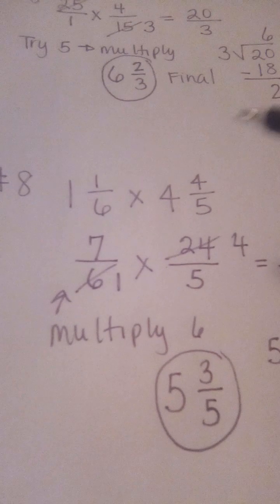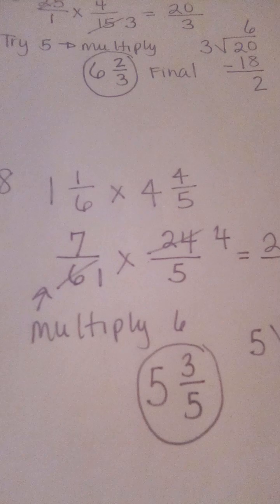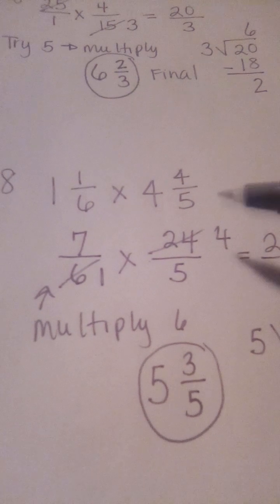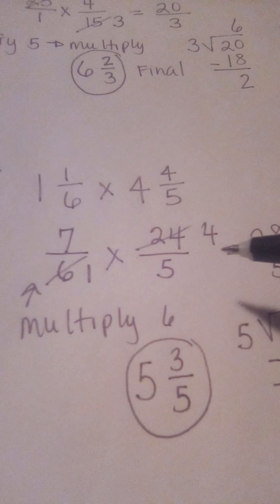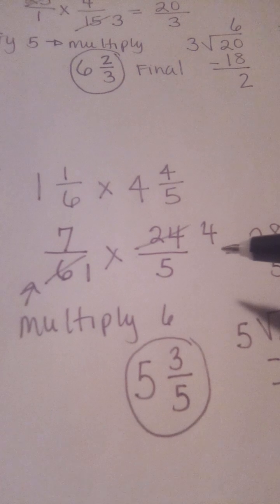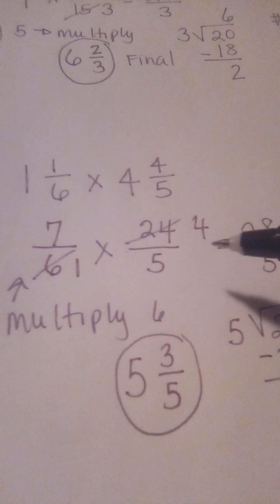So, see, we turn the mixed numbers into improper fractions. Once we've done that, the next question you need to ask yourself is which number did we use to reduce right off the bat, which is 6. I'm sorry, this is divide.